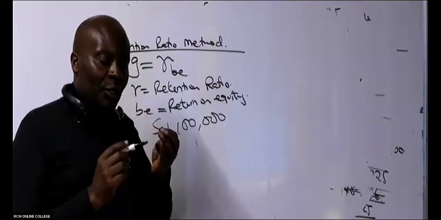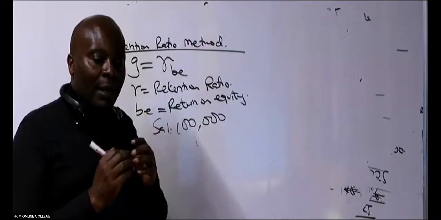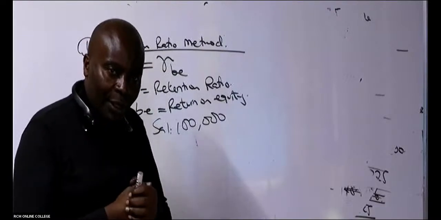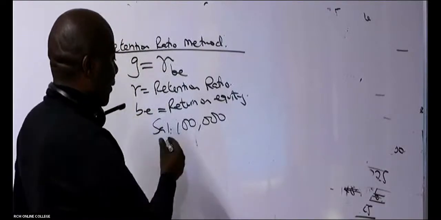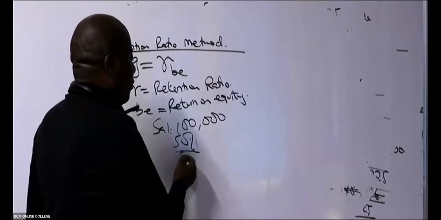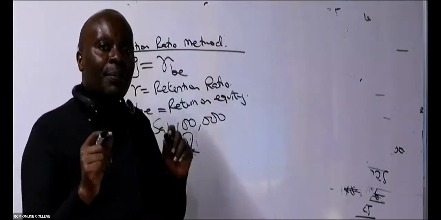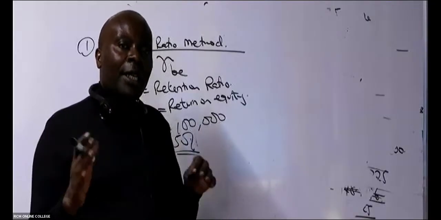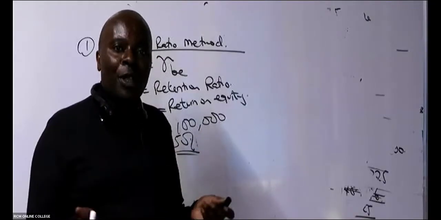So you must be able to retain something. Maybe you are retaining 50%. If you leave this money in a bank account not earning interest, then at the end of the day, you will not be growing.